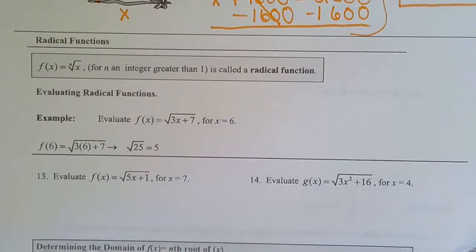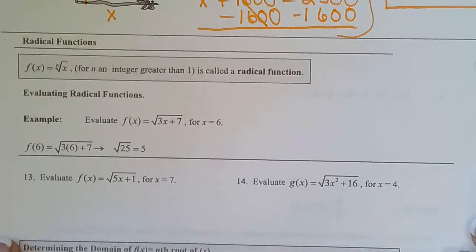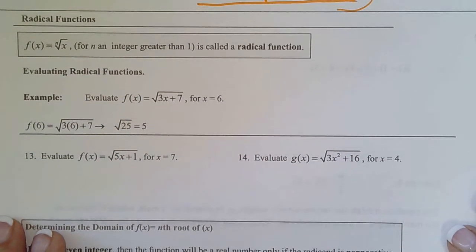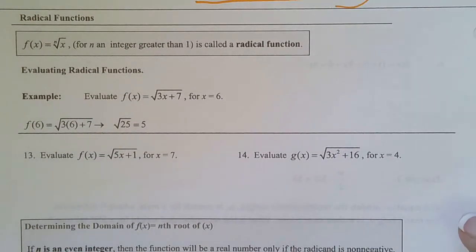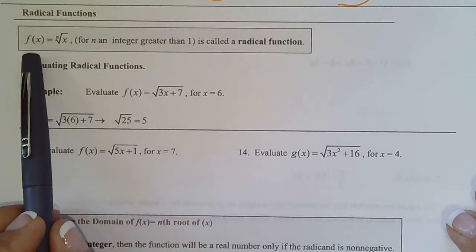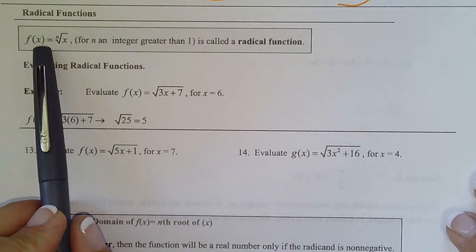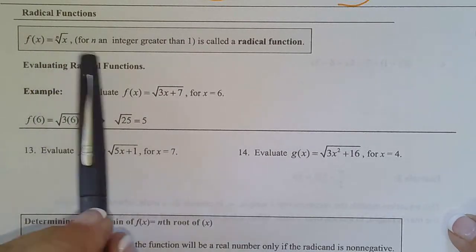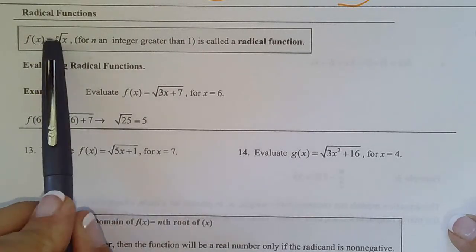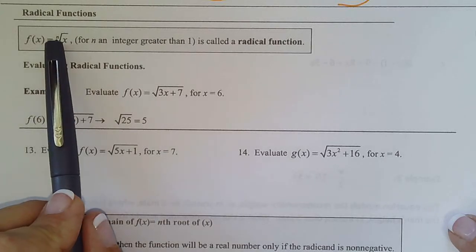Okay, so let's go ahead and talk about radical functions. So a radical function is, instead of having y equals, we just replace it with f of x is the nth root of x. So n has to be greater than 1. We can't take the first root.